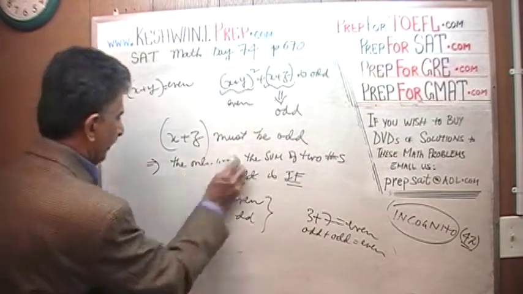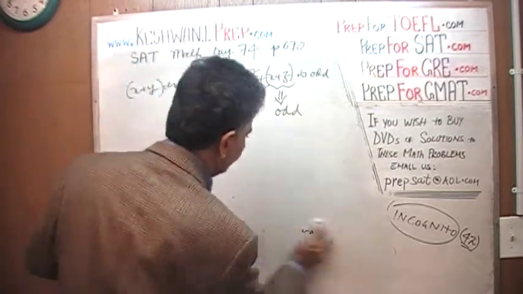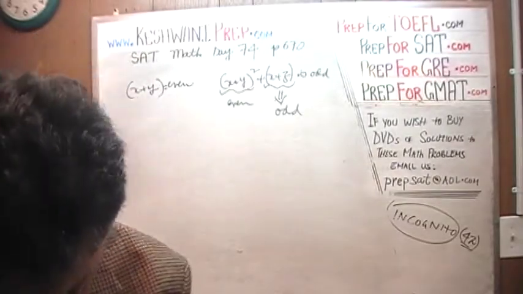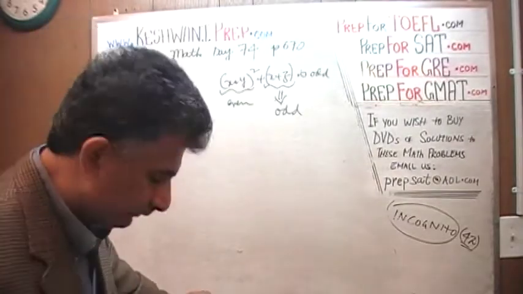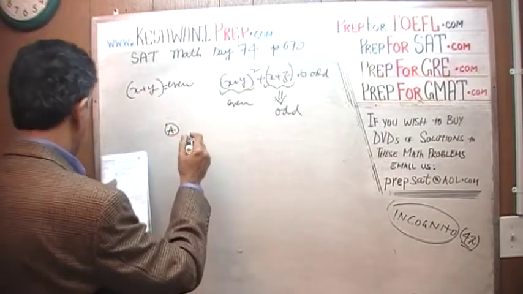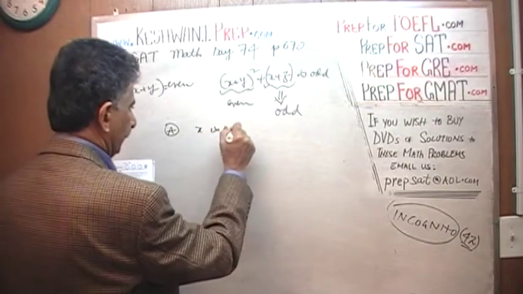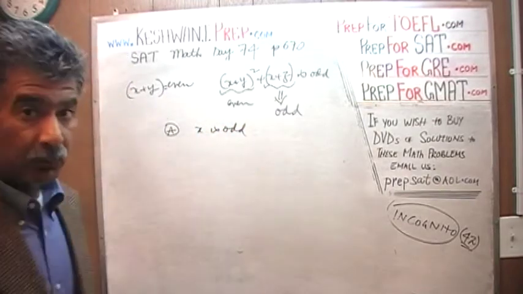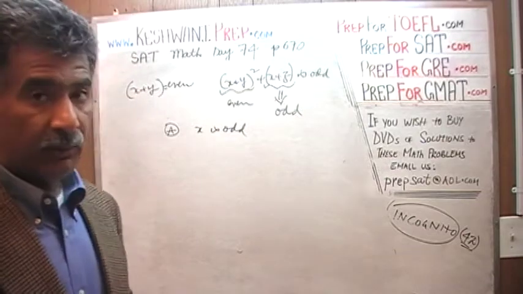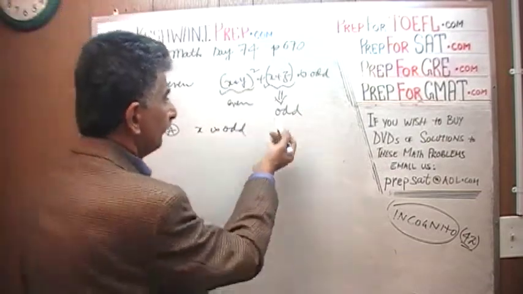Okay, let's look at the answer choices. Answer choice A says x is odd. But that would be true if we know for a fact that z is even. But we do not know that. Not y, I mean z.